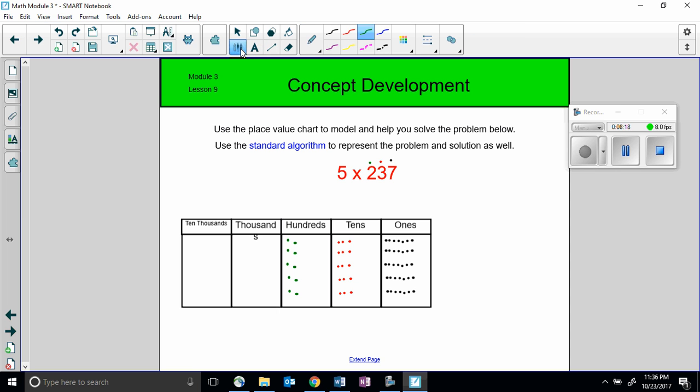Now you kind of see why, as we move on, we're going to want to use more numbers instead of these dots. Dots are fine. The place value chart is fine. But we're going to want to move into that partial product solution. So I know this is 7. So I can mark it off. 8, 9, 10. I'm doing it in the wrong color.